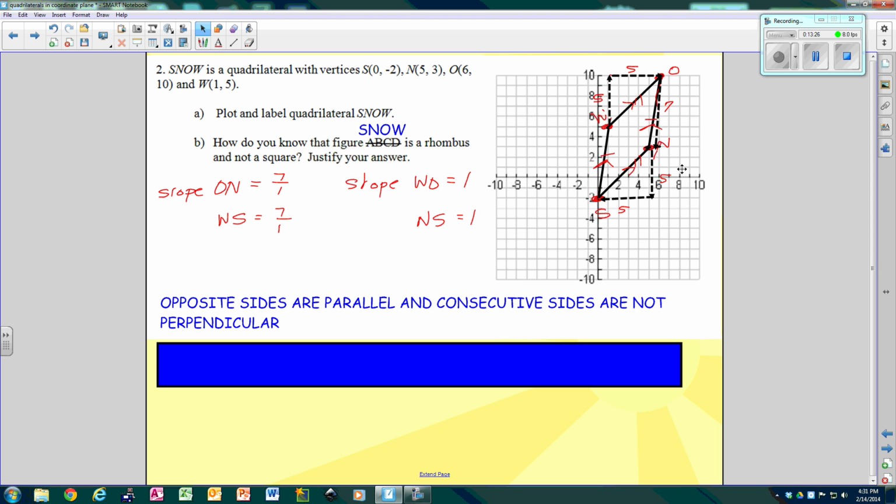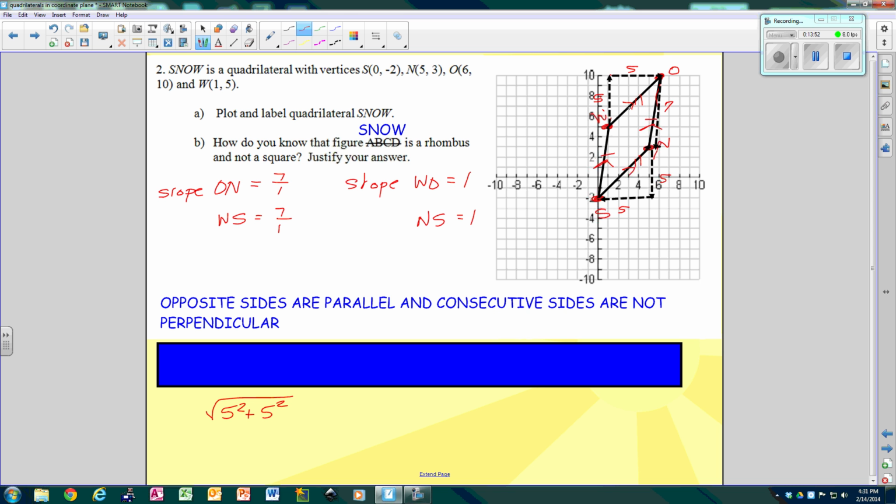Okay? So now another thing we need to do is notice this is a 5 by 5 triangle. So if I did 5 squared plus 5 squared and then took the square root, that would tell me how long these two sides are. So 25 plus 25 is 50. The square root of 50 is 7.1.